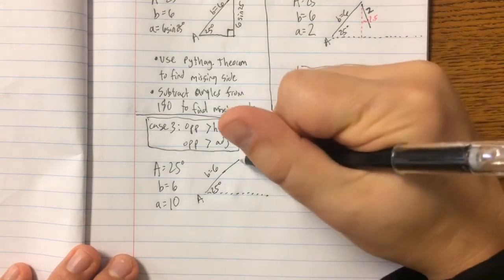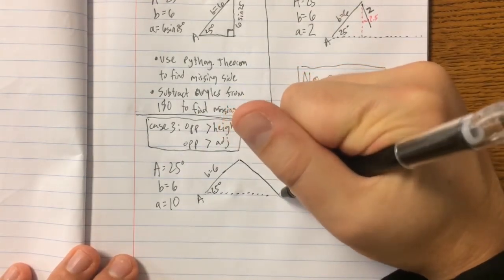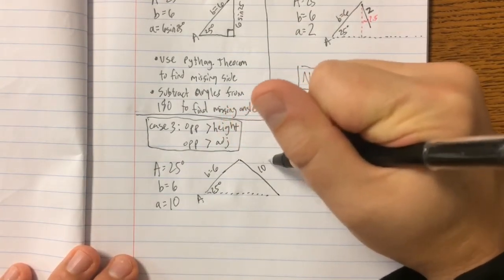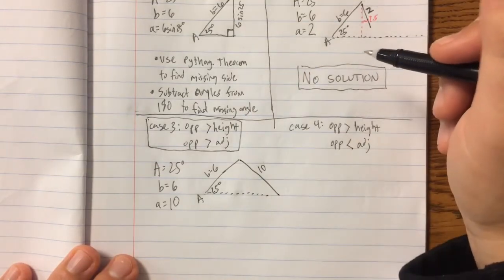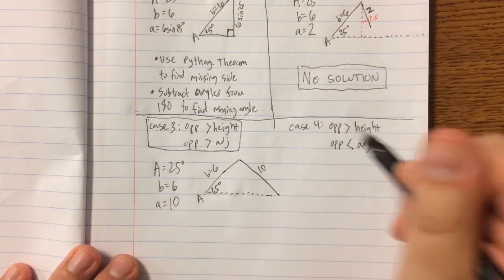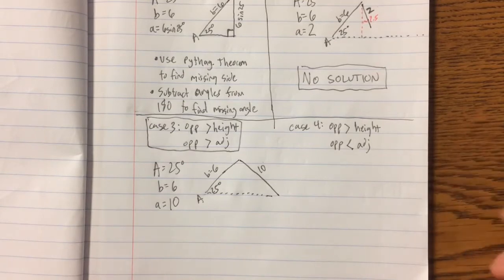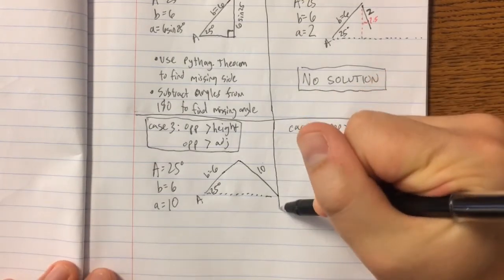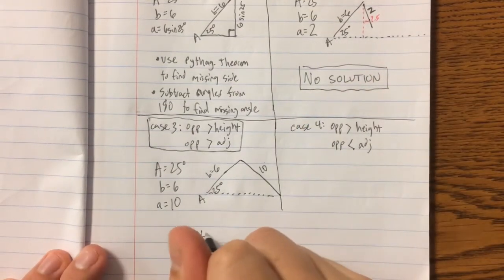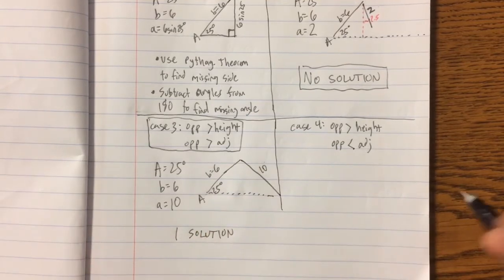And then this other side, which is 10, has got to come way out here. Okay. So in this case, there's just one solution. Right? There's just one possible triangle, and you simply use law of sines to solve it.